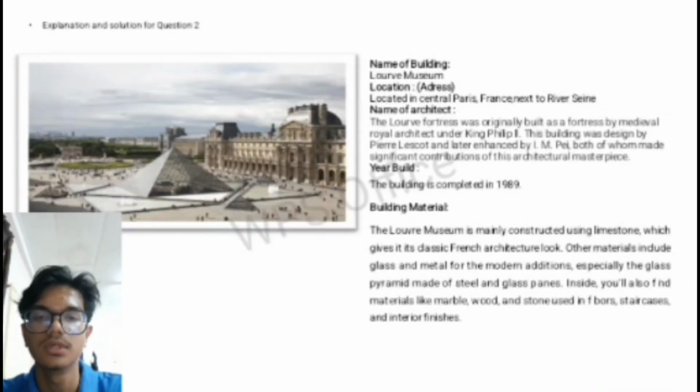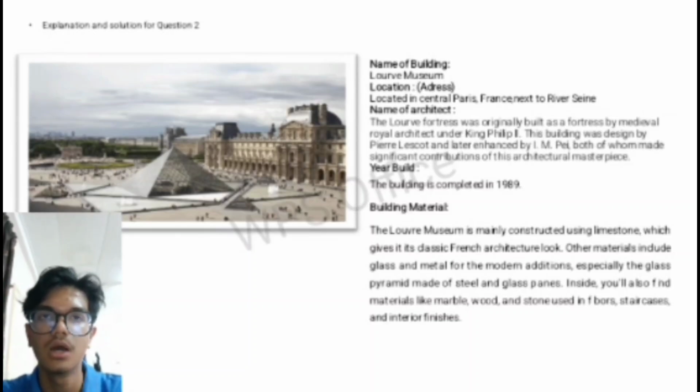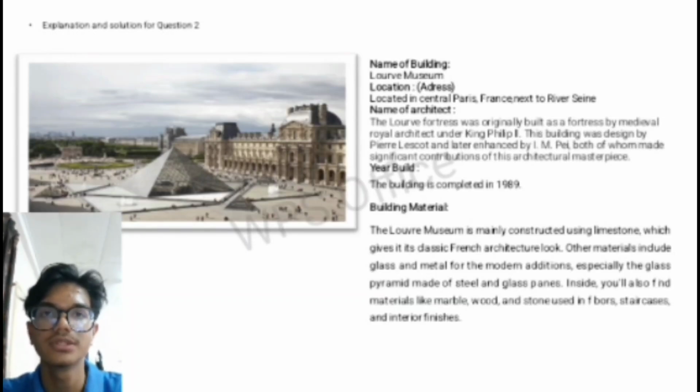Next, question 2. For question 2, our group chose the Louvre Museum located in central Paris, France, near the river Seine. The Louvre Museum was originally built as a fortress by royal architect under King Philip, and later redesigned by Pierre Lescot and Liu Mingpei.